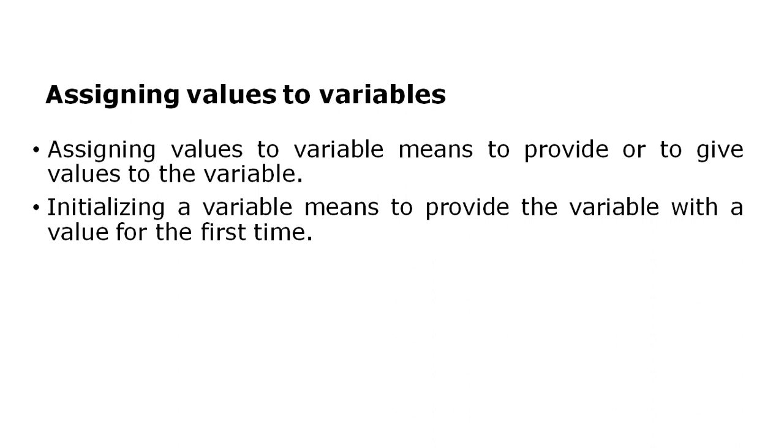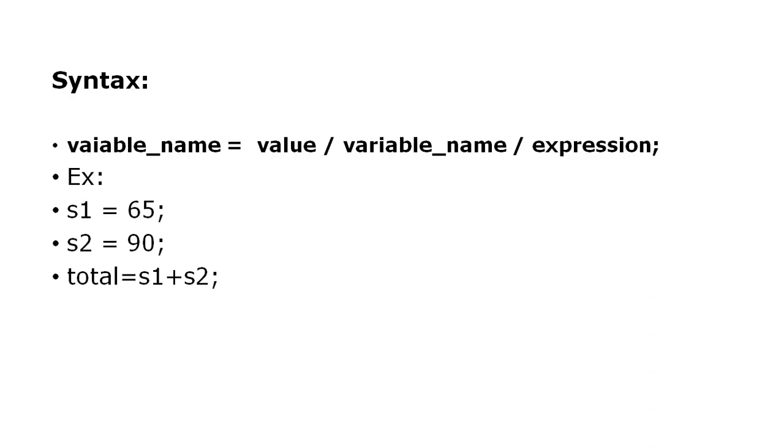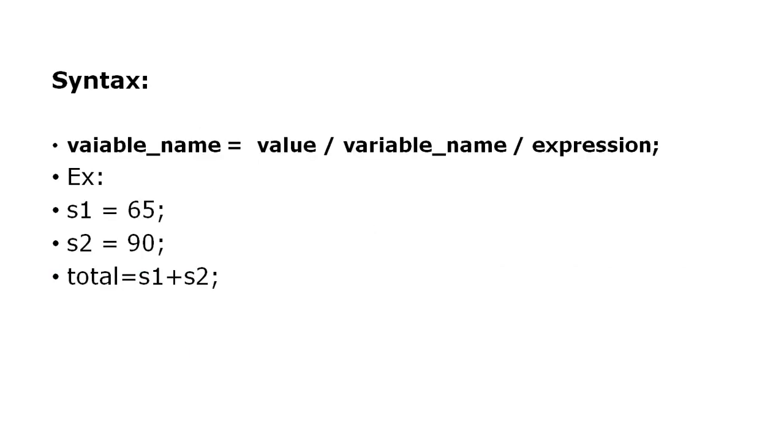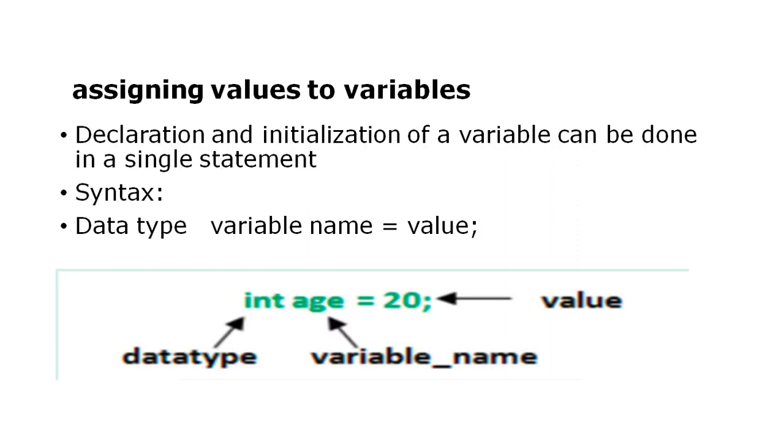And initializing a variable means to provide a variable with a value for the first time. I will explain the complete addition of two numbers program in the next video. Just see this one: assigning values to the variables and initializing a variable can be done in a single step.